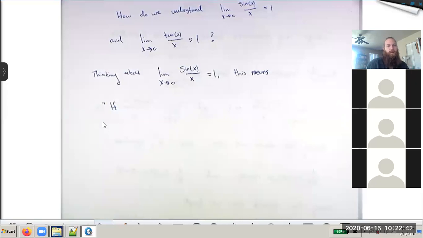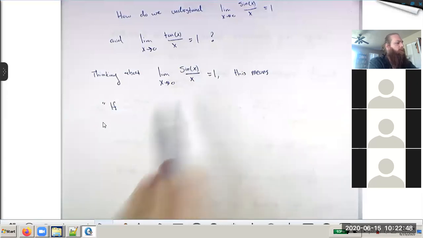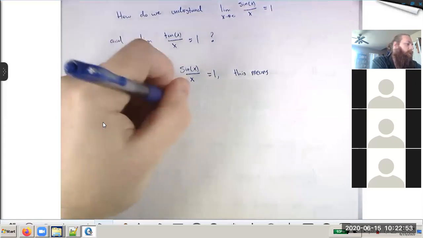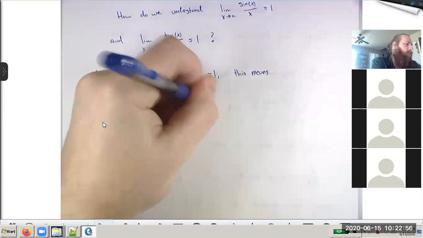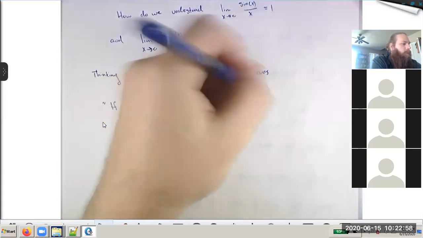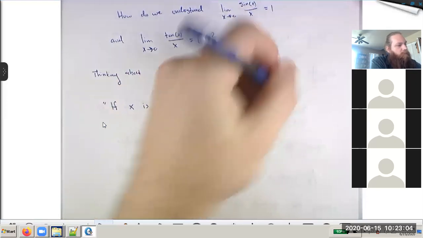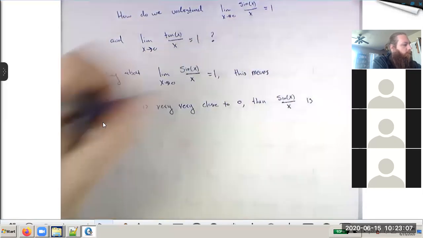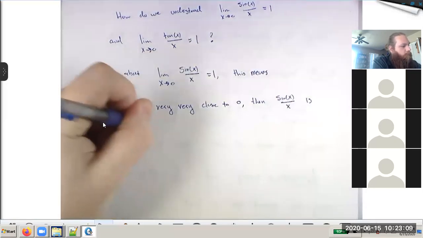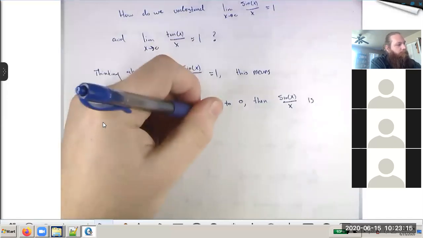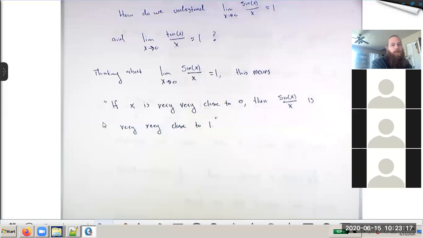And that's this big idea in calculus, getting as close as you want without really going there. So what this says is if x is very, very close to 0, then sine x over x is very, very close to 1. That's really what this says. And there's another way of interpreting that.